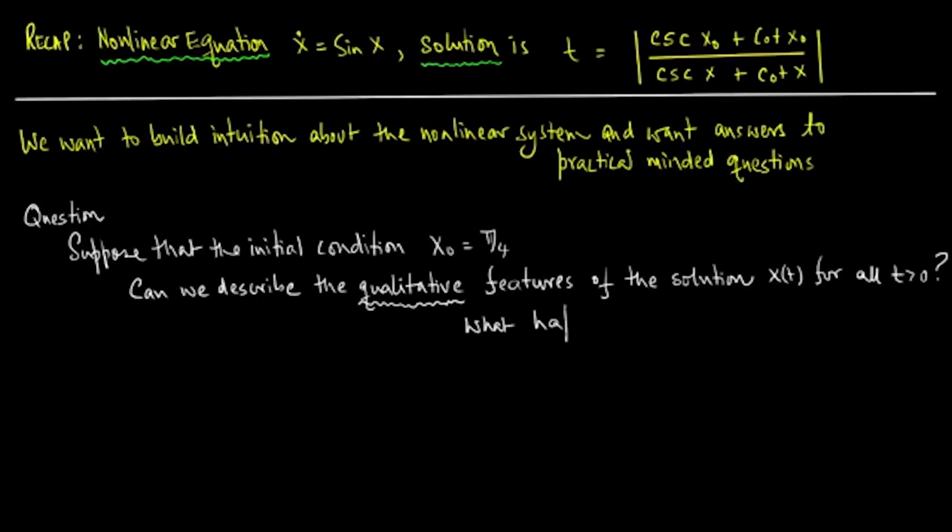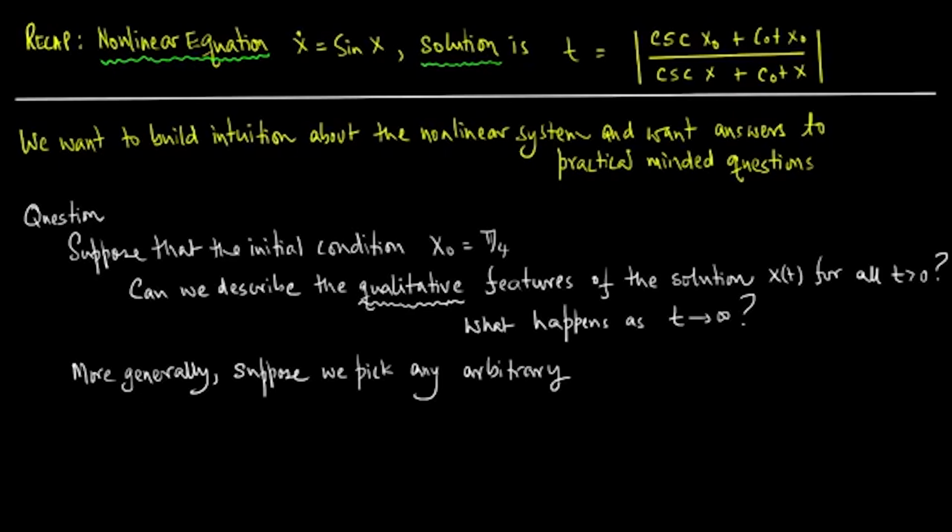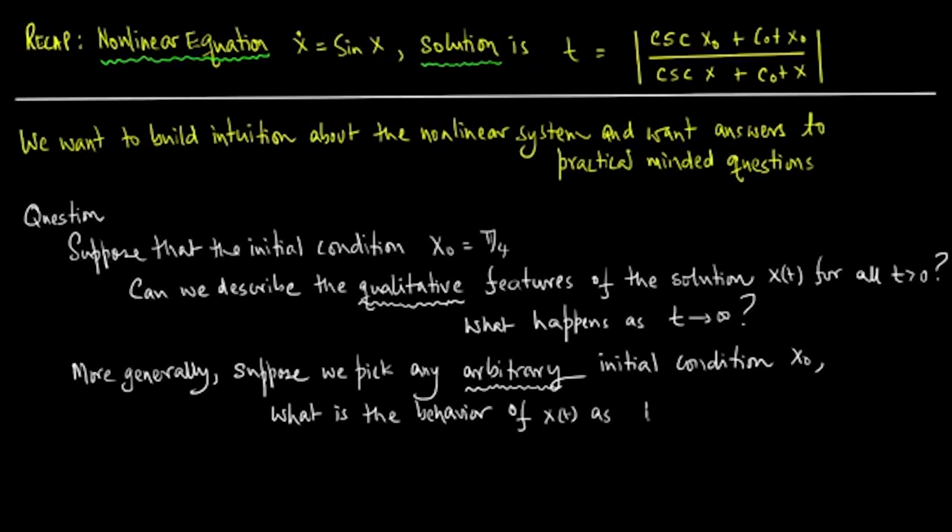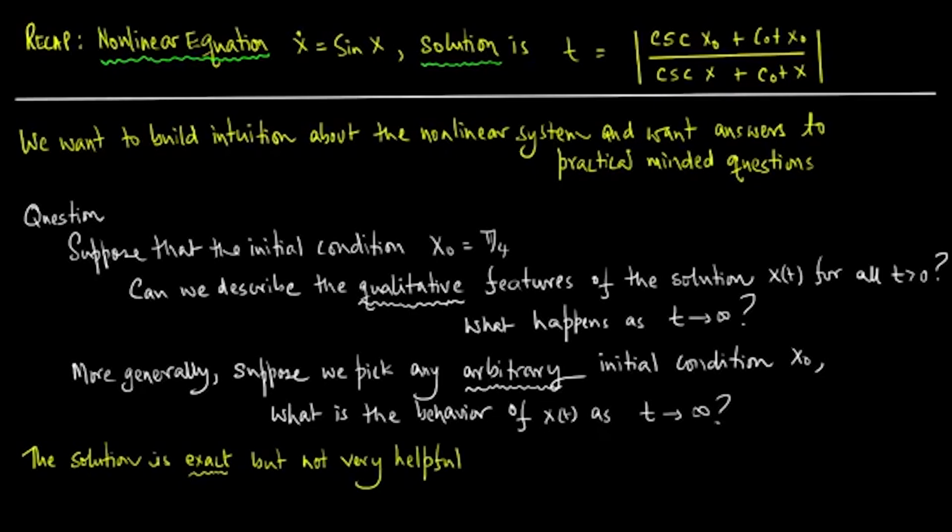What happens as t tends to infinity? More generally, suppose we pick any arbitrary initial condition x of 0, then what is the behavior of x of t as t tends to infinity? Now the explicit solution is exact but not extremely helpful to answer the above questions quickly.